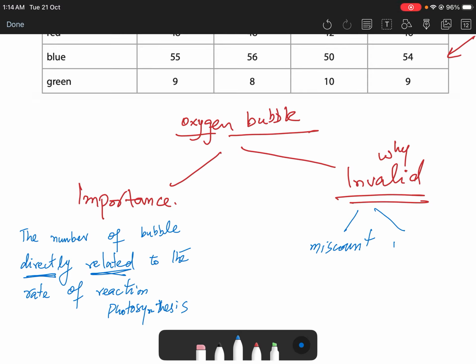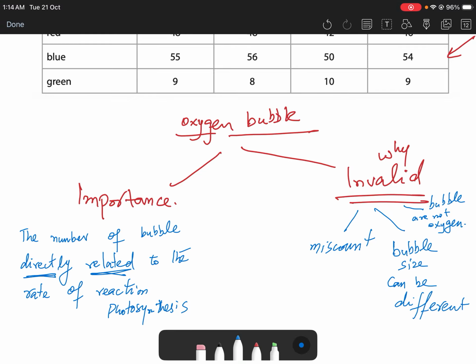Maybe the bubbles are of different sizes, so the bubble size can be different. And one more thing, might be these bubbles are not oxygen. So this is maybe another process taking place over here, like respiration.